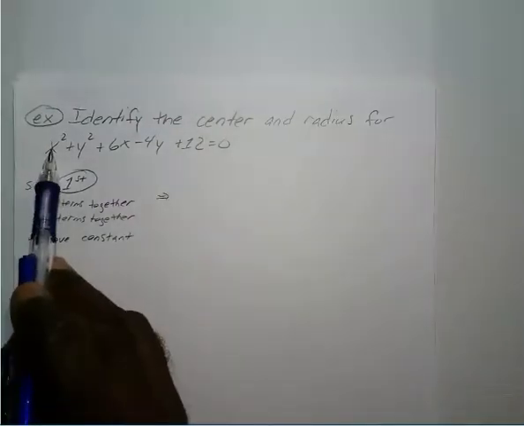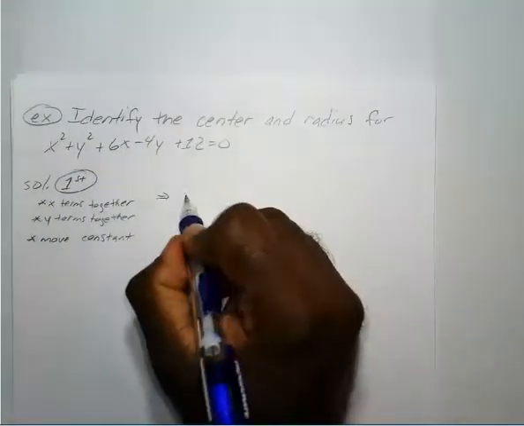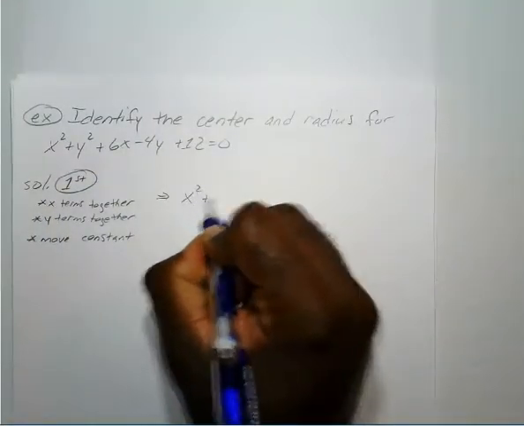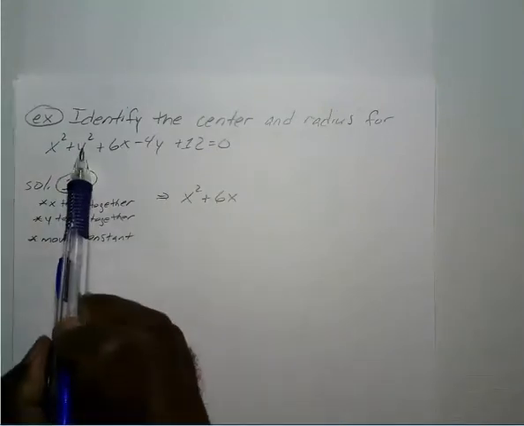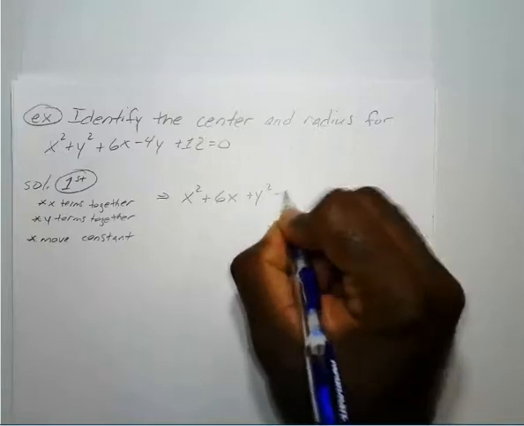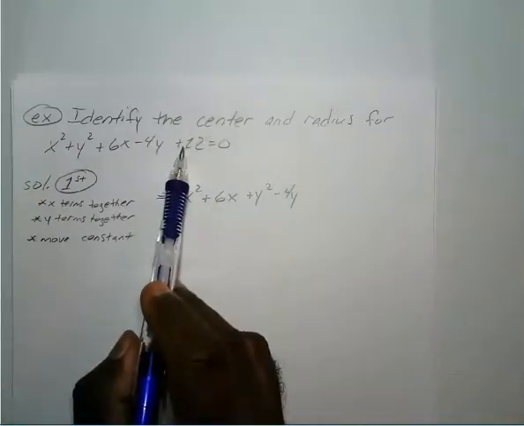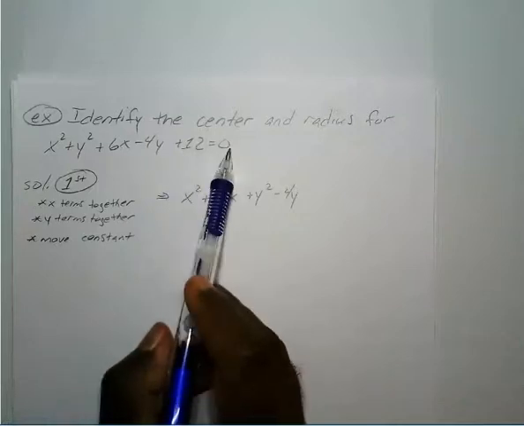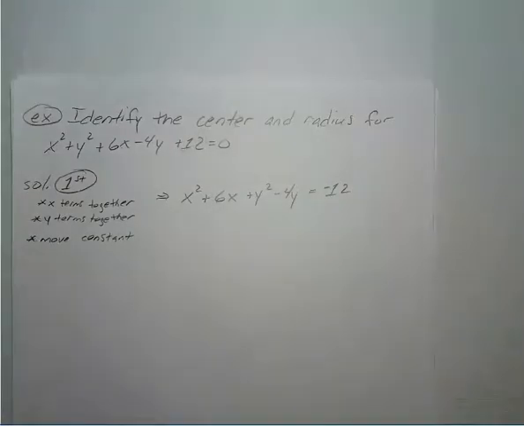Okay, so putting your x terms together just means your x squared and your 6x, you're going to put them together. So you have x squared plus 6x. And putting your y terms together, you have y squared minus 4y. Now plus 12, you're going to subtract 12 from both sides. That's going to equal negative 12. Okay, so that's your first step. That's all it is to it.